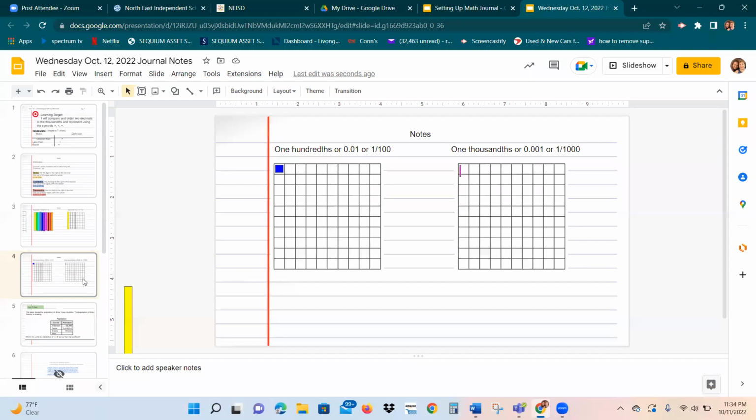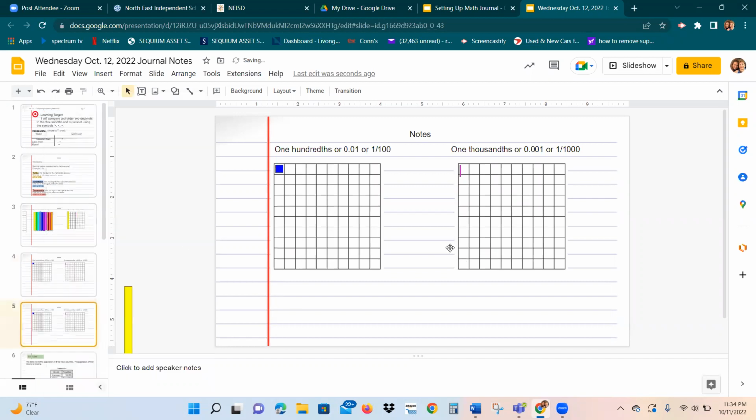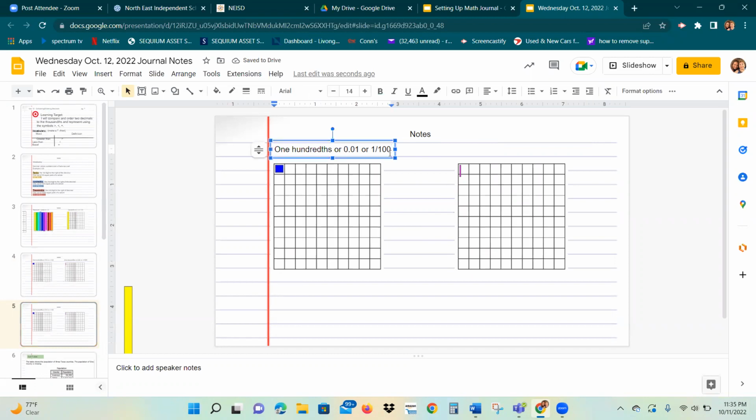Now, the next one, I'm going to go ahead and create a duplicate slide. And I'm going to go ahead and remove this 1/1000th part. Don't write anything out yet, because you're going to get, so here you had 4 grids, right?